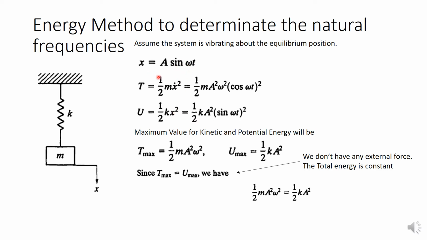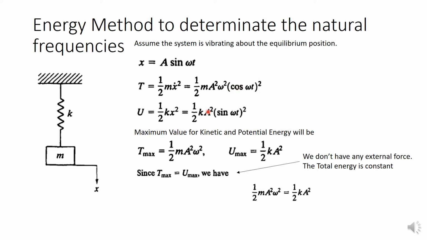And for the potential energy, x is directly substituted here, so we get 1/2 k A squared sine squared omega t. And the maximum value of the kinetic energy and the potential energy should be equal. So we will say T maximum should be this term.